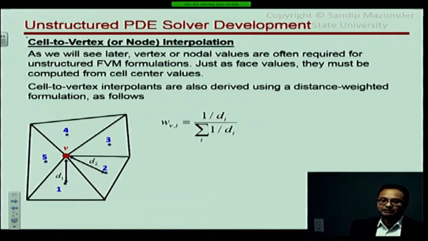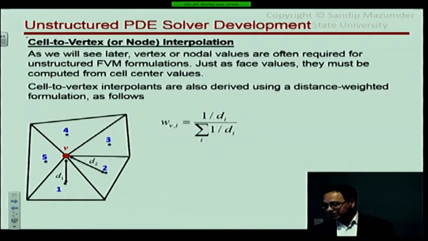Like Tecplot, it will not accept cell-centered data. It will not plot it. It will want nodal data and finite element structure if it's an unstructured mesh. If it's a structured mesh, then yes, it will take IJK ordered data. But if it's unstructured data, it will want it in finite element format with the nodal values.